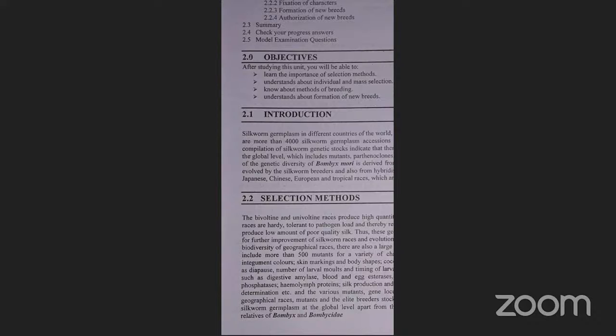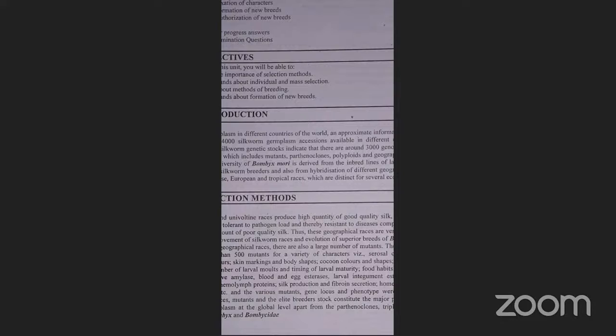So both depend on good quality cocoons. The characters are the marking, integrating colors, skin markings and body shapes, cocoon colors and shapes, and physiological strains such as diaphase, vitality.